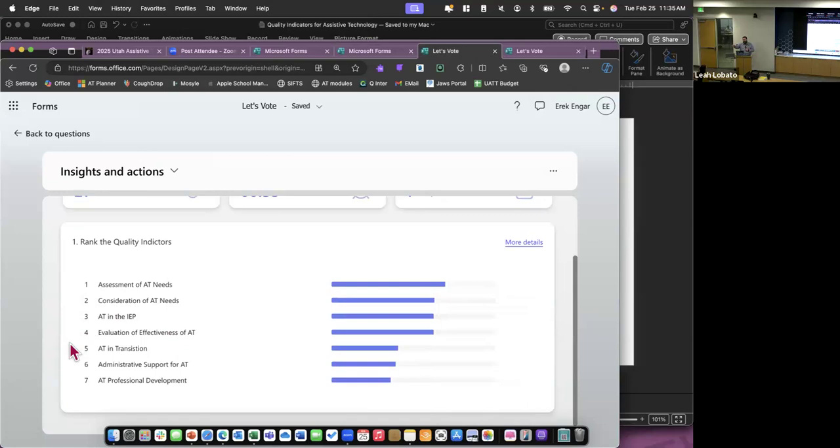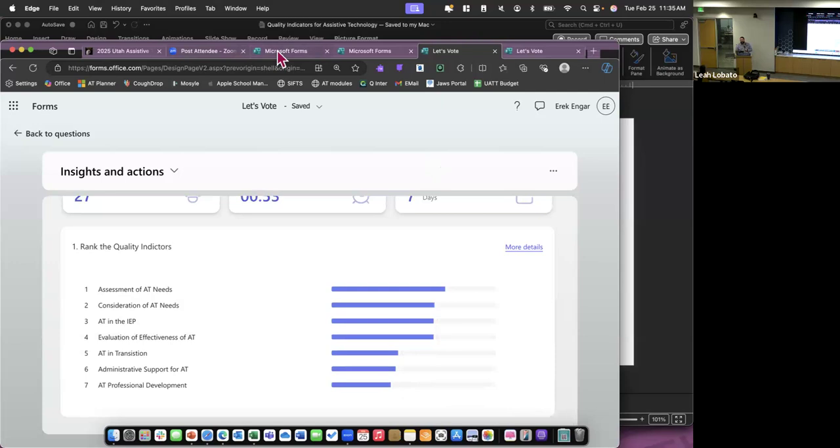Okay, so we got one vote for consideration. AT in the IEP. I got 1, 2, 3, 4, 5, 6 hands. And I know not everybody's going to vote. It's okay. I wouldn't do it either. Evaluation of effectiveness of AT. I think that one won. Sorry, everybody who wanted AT in the IEP. So let's go to evaluation of effectiveness.